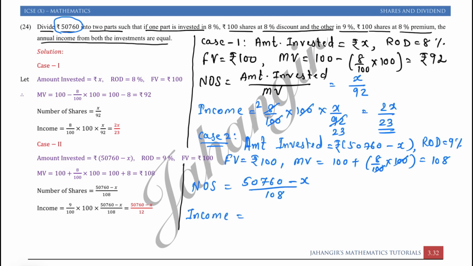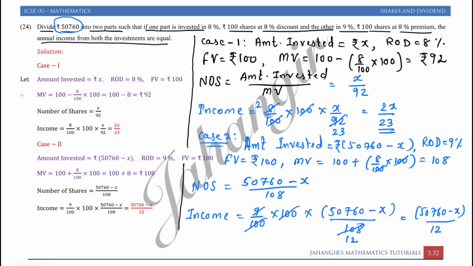Income is ROD upon 100 into face value into number of shares, (50,760 minus x) upon 108. Cancelling 100, we can also cancel: 9 ones are 9, 9 twelves are 108. So income is (50,760 minus x) upon 12. Our condition is that income in both cases is the same.